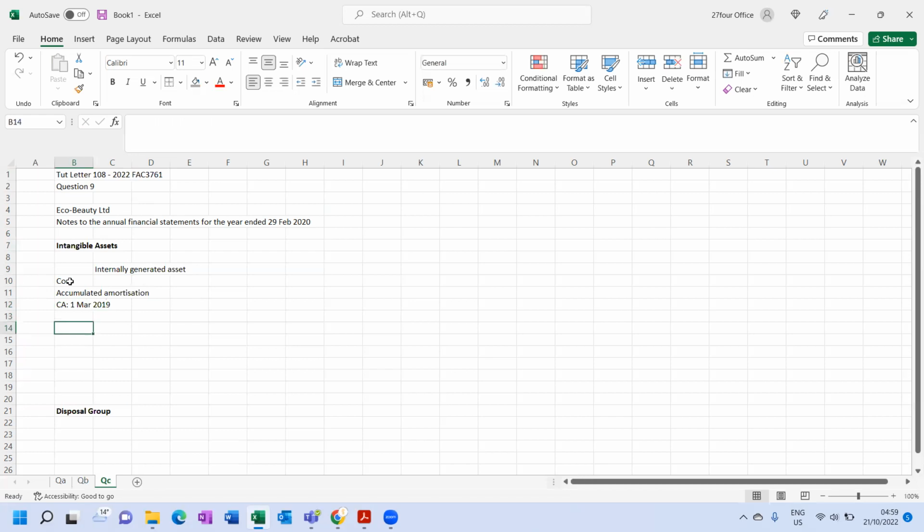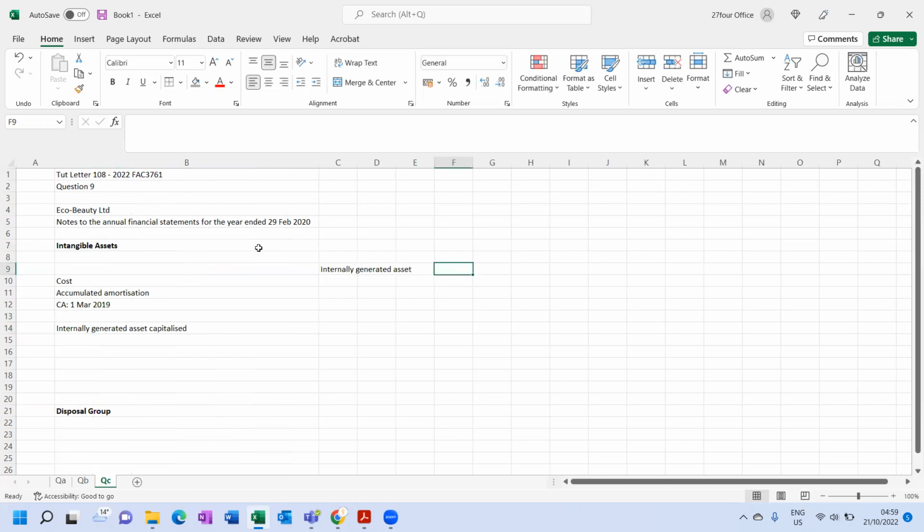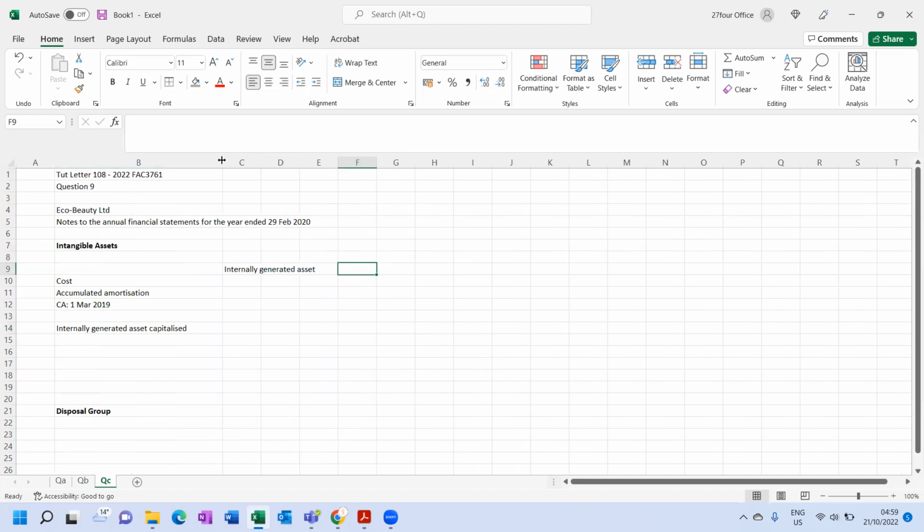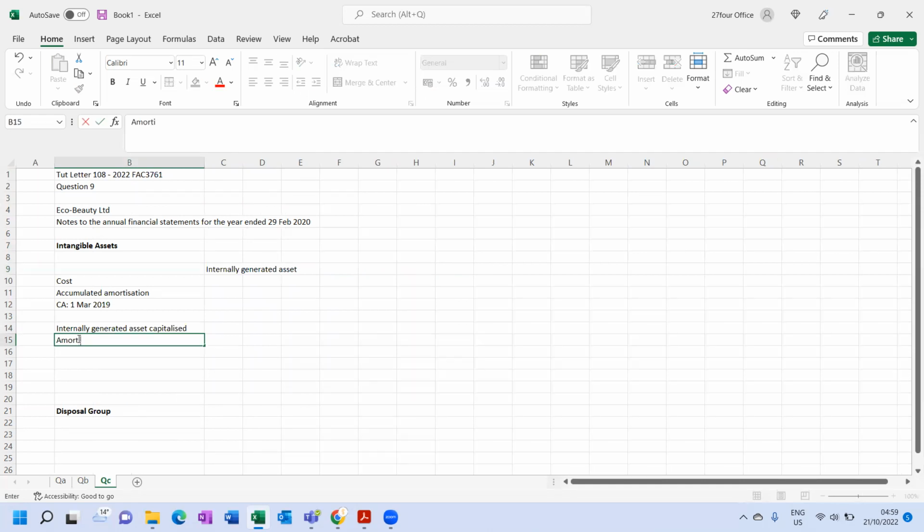Then you have the movements during the year. So it will be internally generated asset capitalized. You can't call it additions, like purchases, so we won't call it that. We will call it based on what happened: we capitalized an internally generated asset. What else happened? There'd be amortization. Okay, and then this would give us that over there.